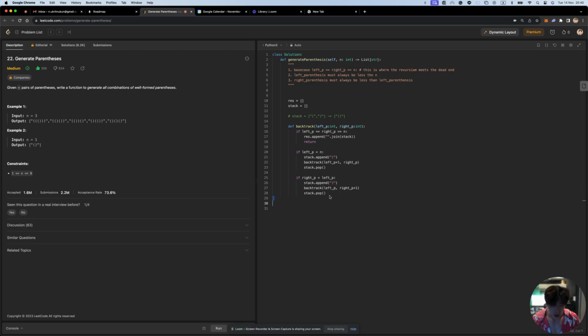So that's it for the backtracking method, which should produce the combinations of parentheses as the outputs. After that, I want to call this backtrack method starting from 0 and 0, because at first we don't have any left or right parentheses, and then we just return rest. I think that would be it.